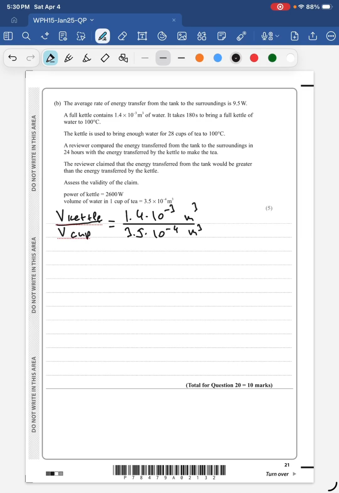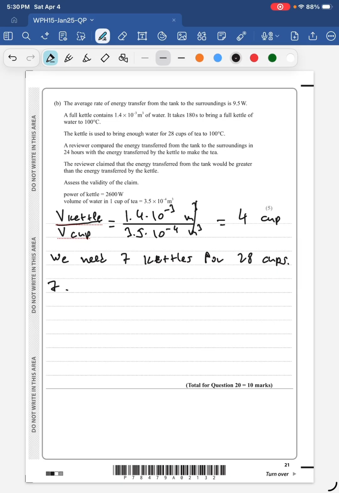And this is 4 cups. So a kettle can serve 4 cups. So we need 7 kettles for 28 cups.